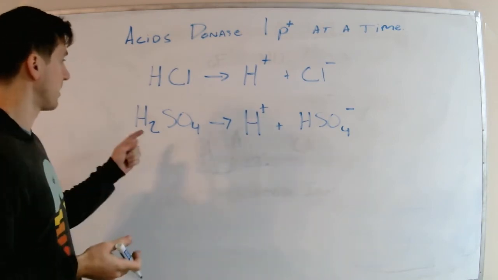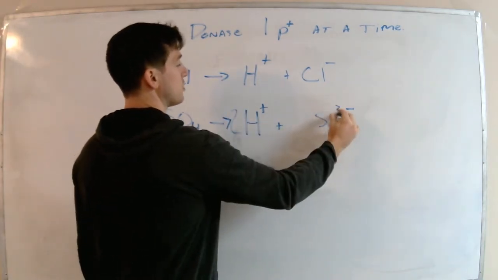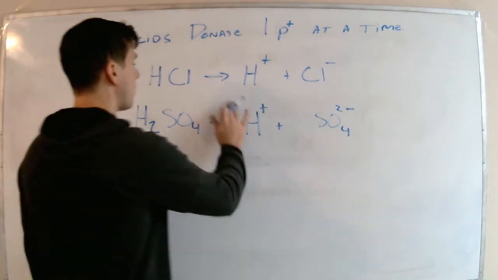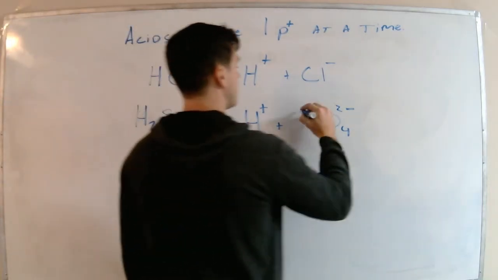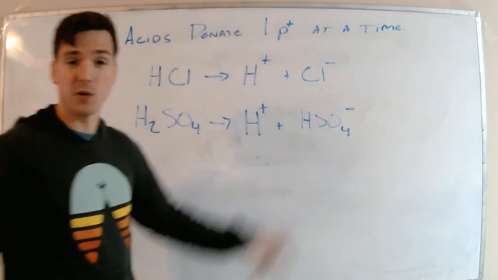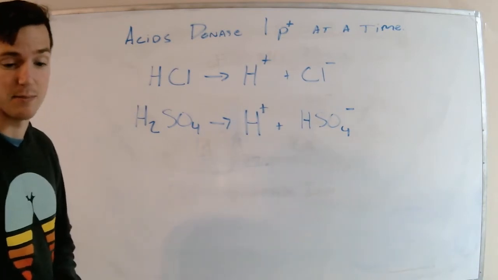So again, it's never going to be something like 2H+ and SO4 2-. It's not going to do that because that's donating two protons at a time. It's only going to donate one at a time. Now this guy could go ahead later on and donate its other proton, but it's never going to get rid of both of them at the same time.